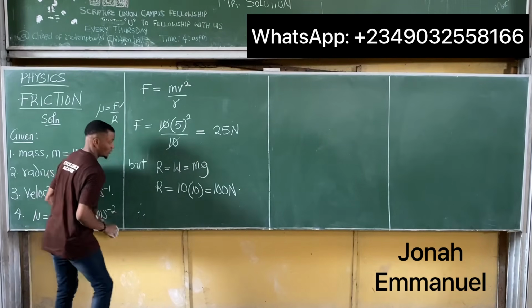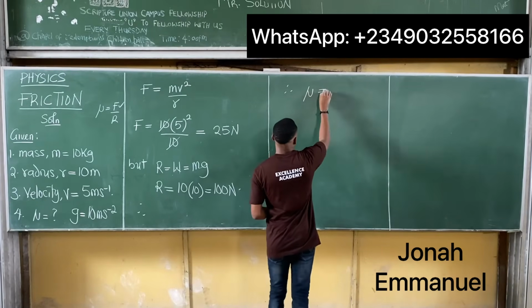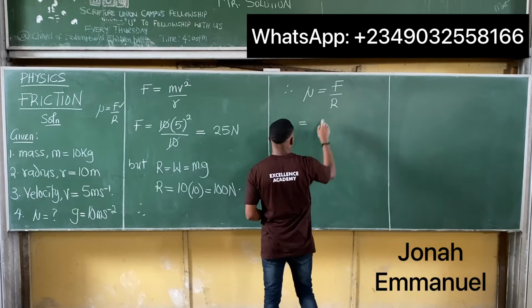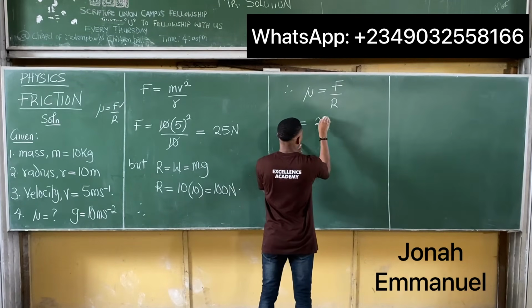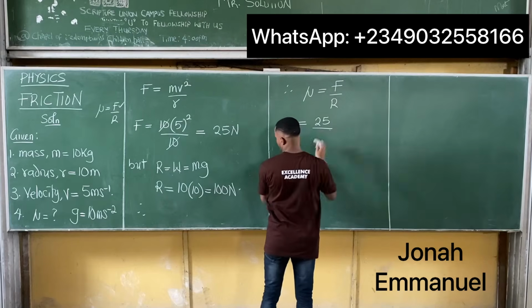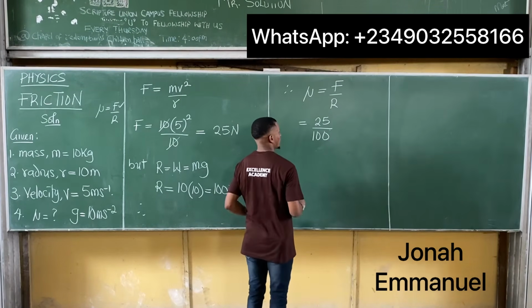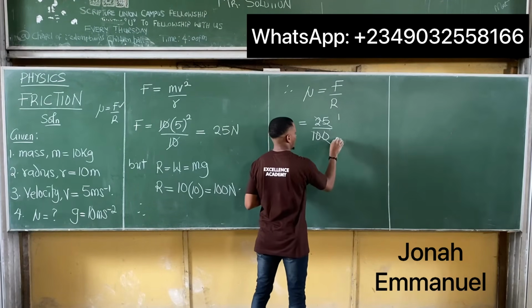So therefore, we say mu is equal to F all over R. That's equal to F, frictional force, 25, all over R, normal reaction, 100. If I work this out here, 25 cancels itself, 1, 25 here I have 4.